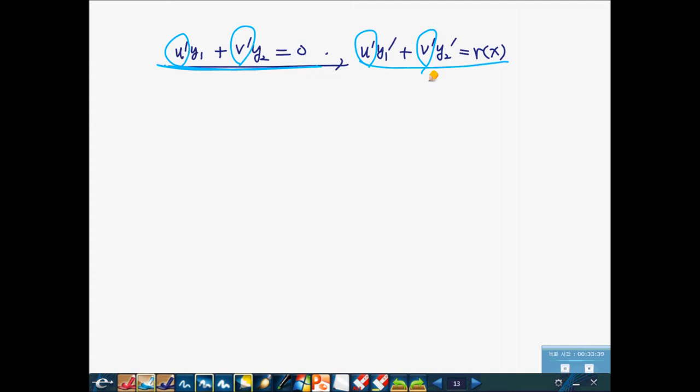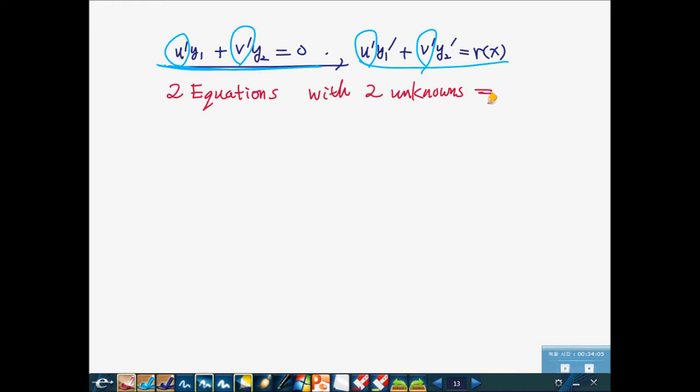Y1 and Y2 are simply coefficients. Y1 and Y2 are already known, right? From the homogeneous equation. So it becomes 2 equations with 2 unknowns.